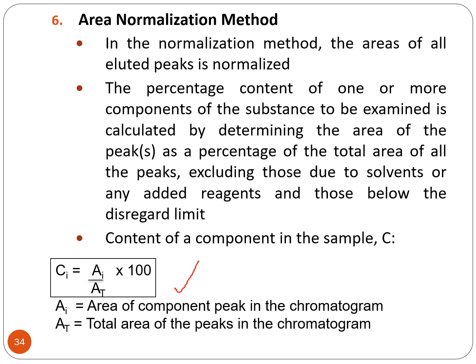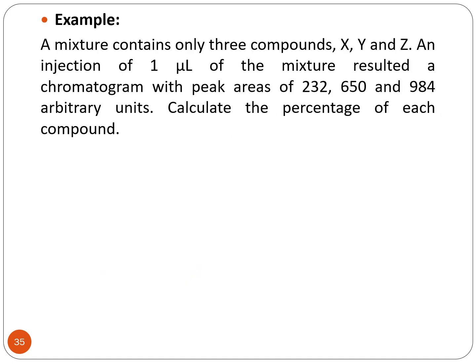Okay, ni exclude solvent dan any added reagent. So, okay, the content of the component in the sample C concentration equal to AI ni adalah area of component peak in the chromatogram over total area of the peak in the chromatogram. Okay, so nak faham, kita tengok this example lah.